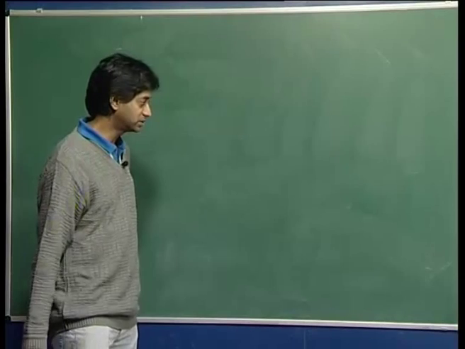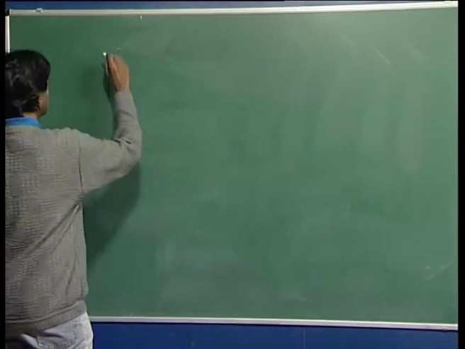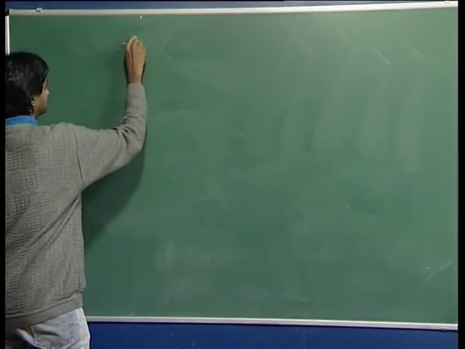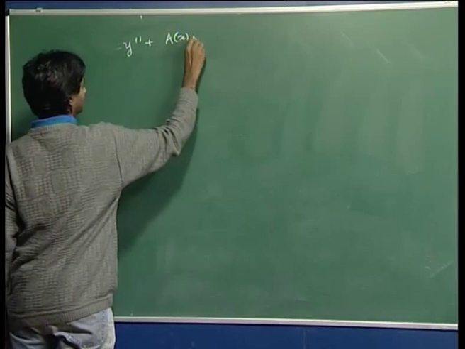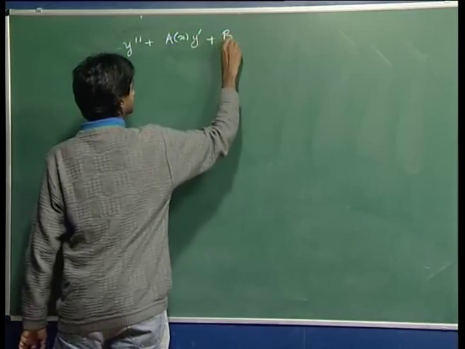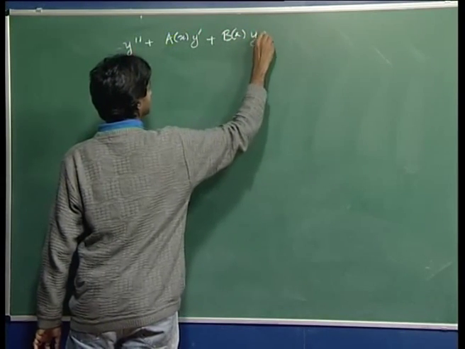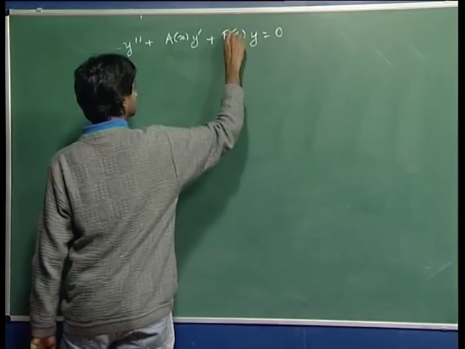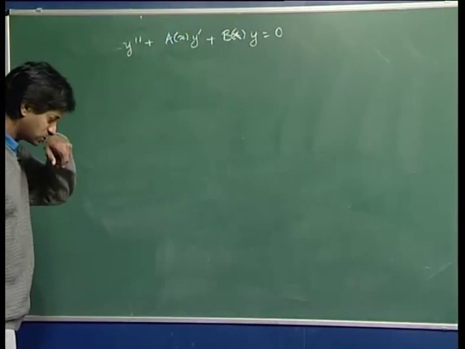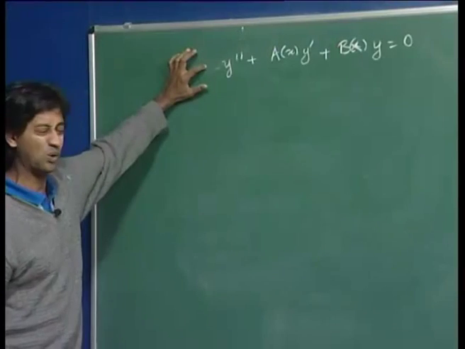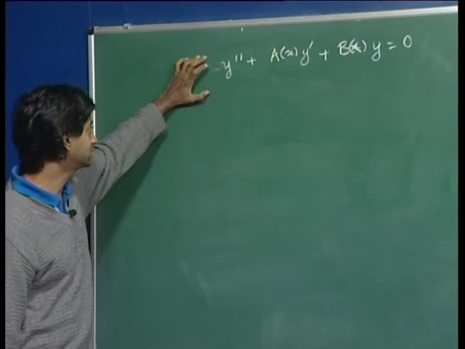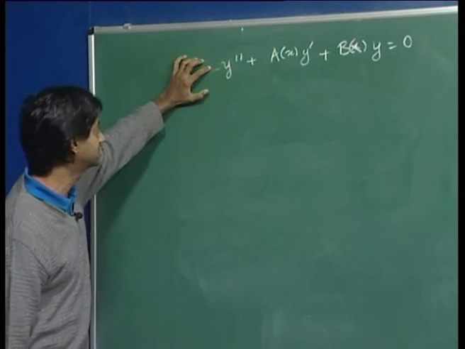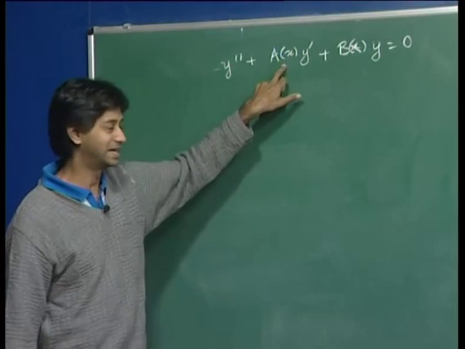Now let us look at the homogeneous equations of the form y double prime plus a of x y prime plus b of x y equal to 0. Some of you might wonder why I did not put some function of x here. The answer is that you can include it in the a of x.